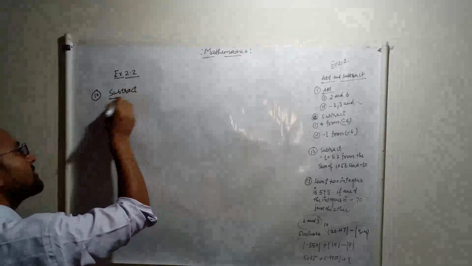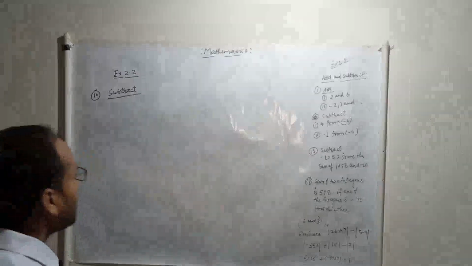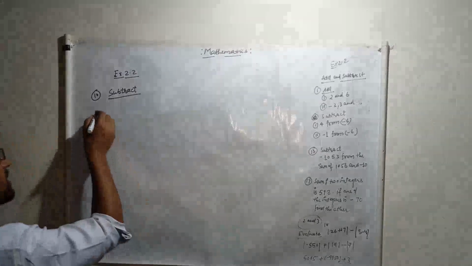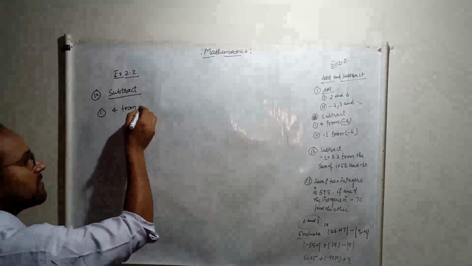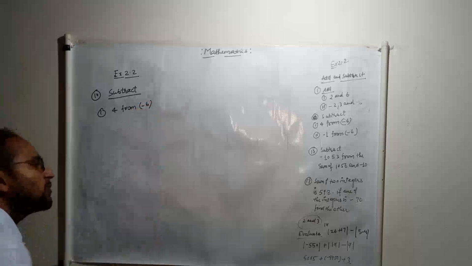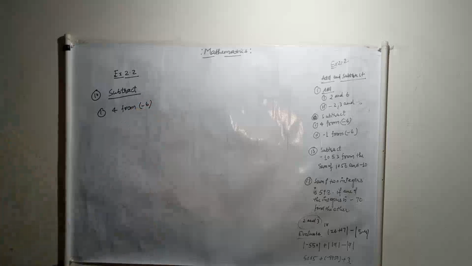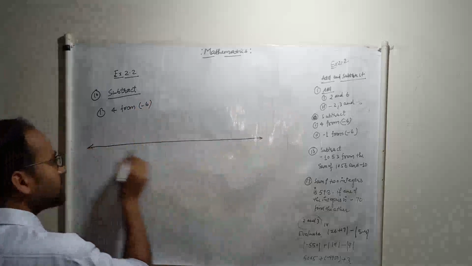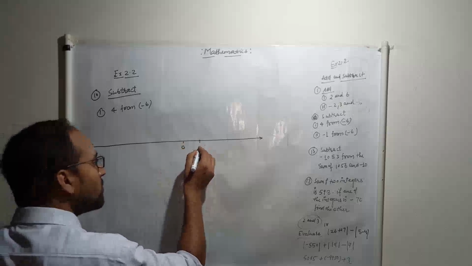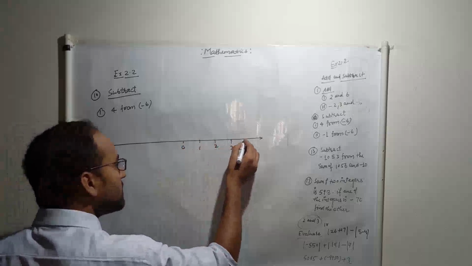Subtract with the use of number line. Your question is the first one. I have taken this one, 4 from minus 6. So first I am going to represent this one. 0, 1, 2, 3, 4.